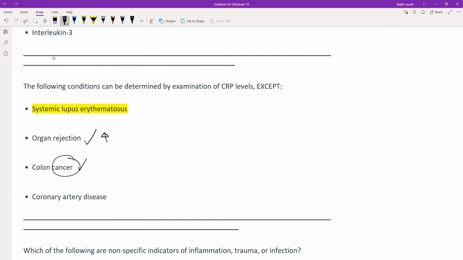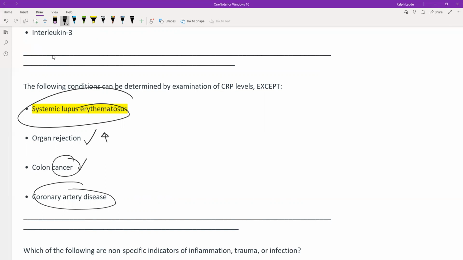So most patients who have undergone chemotherapy and removal of tumors are going to be monitored for CRP levels, mainly to determine if the malignancy has recurred. And of course, coronary artery disease. So atherosclerosis. You have low, average, and high risk. But SLE is not indicative.